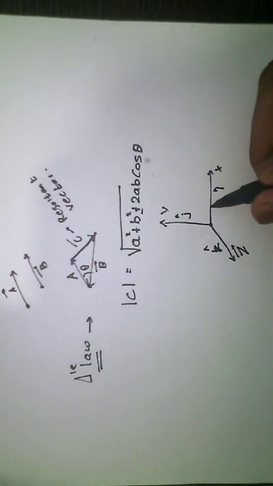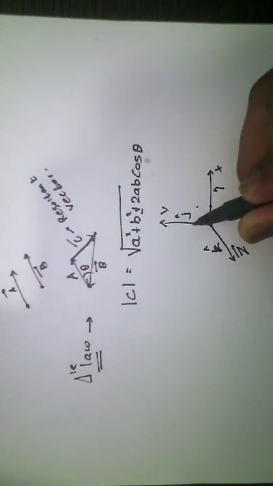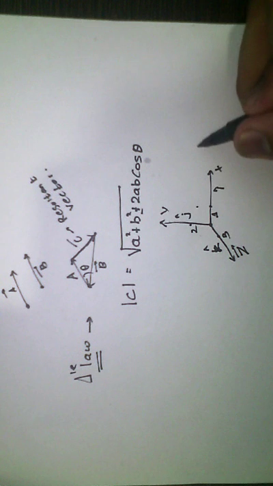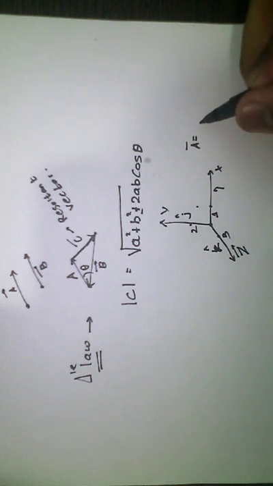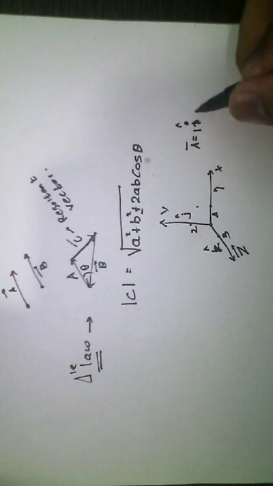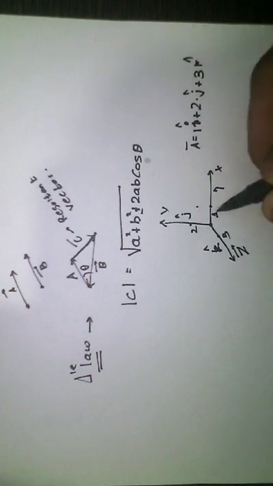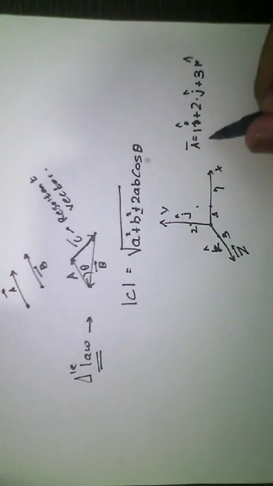So vectors are represented like this: suppose there is a vector with magnitude 1 along the x-axis, 2 along the y-axis, and 3 along the z-axis. Then we can represent this vector as a bar equals 1 into i cap plus 2 into j cap plus 3 into k cap, as 1 is with x, 2 with y, and 3 with z.